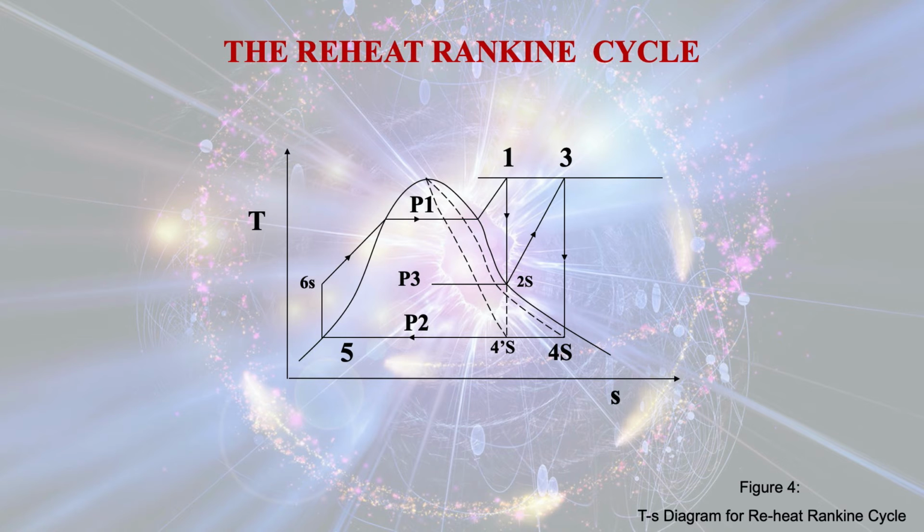But what is happening in between, at some pressure, say for example P3? After the expansion in the first turbine, that is the high pressure turbine, the steam reaches that point as a saturated vapor.